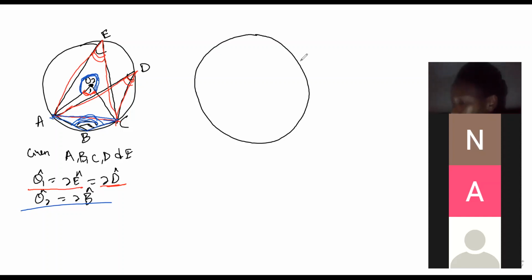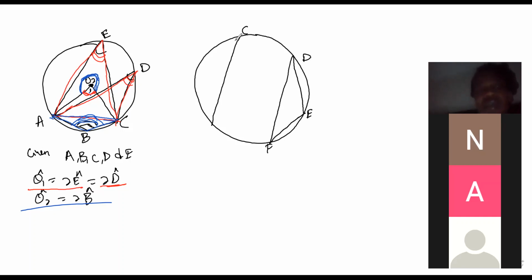And then the next one, you've got this: E, F, G, C, K, B, A, C. Here you are given that AB is equal to DE.